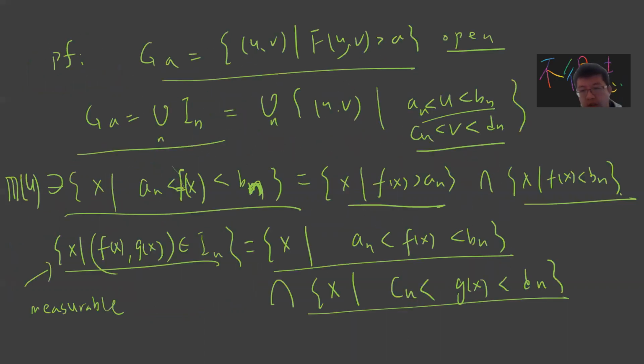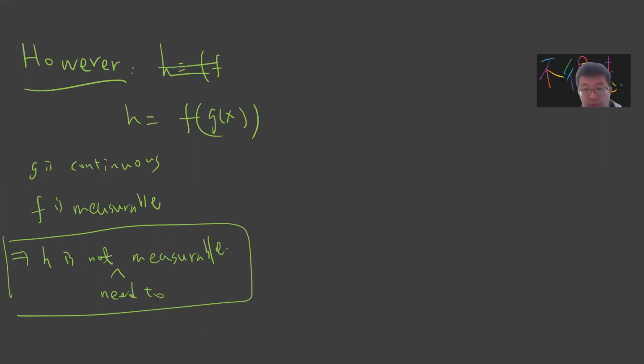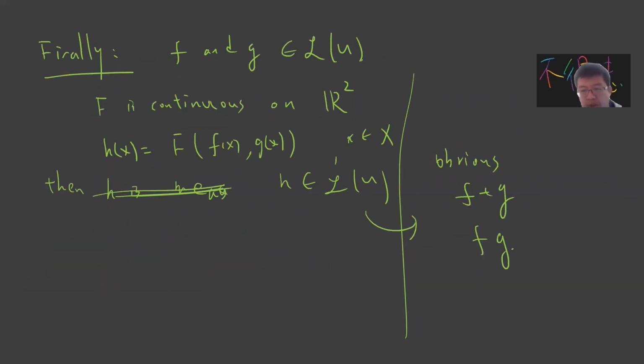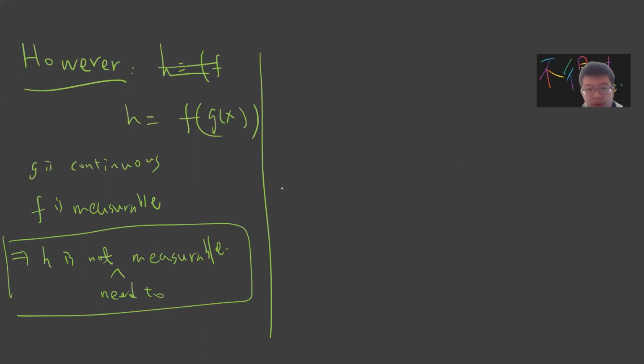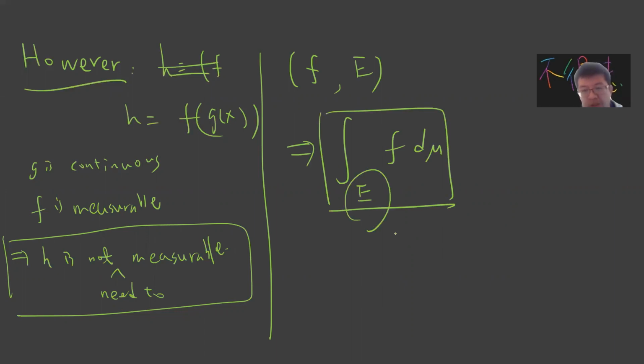That's it. Next time we will define the integral. Once we have measurable functions and measurable sets, then we can define the integral. Somebody gives you a measurable function and a measurable set E, and you want to describe what is going on: what is the definition, given a measurable function and a measurable set for a particular measure, and what do we mean by the integral?